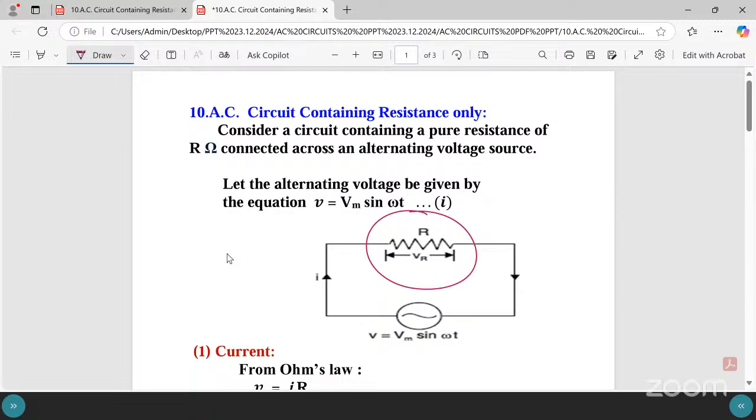Apply the equation V is equal to Vm sin theta, or Vm sin omega t, to the bulb. This is the waveform we are applying, with theta on the x-axis and voltage on the y-axis. The bulb will glow.